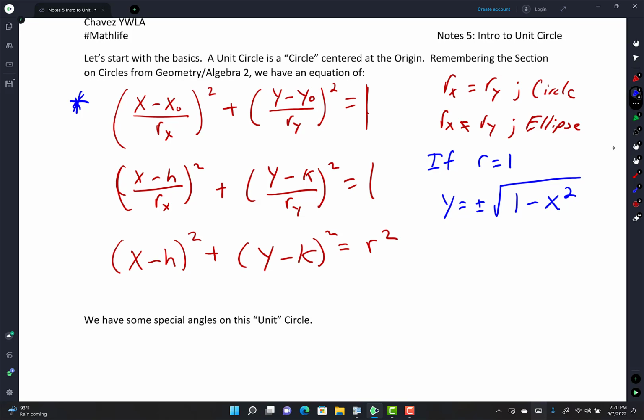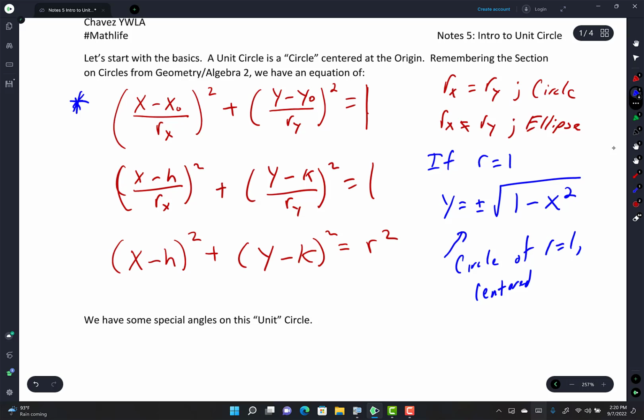The one in blue is a circle with radius 1 centered at origin. The plus will graph the top half, the minus will graph the bottom half. Don't worry about copying those down. They're not necessarily all that important. They're just circles.